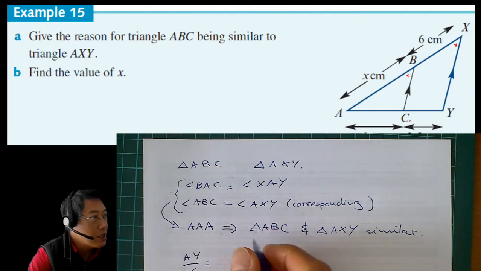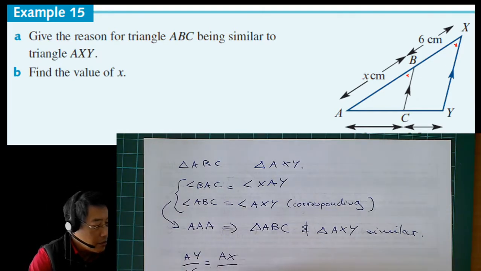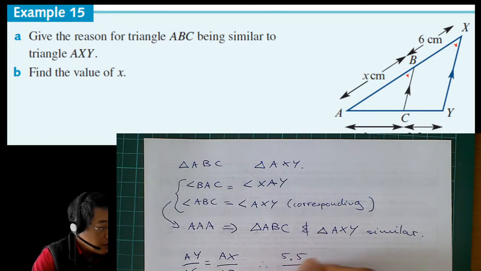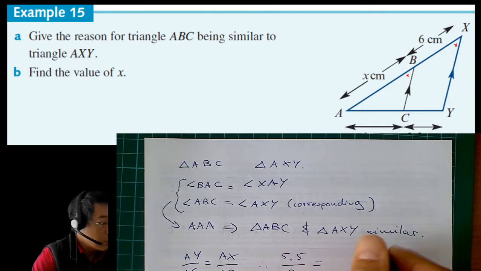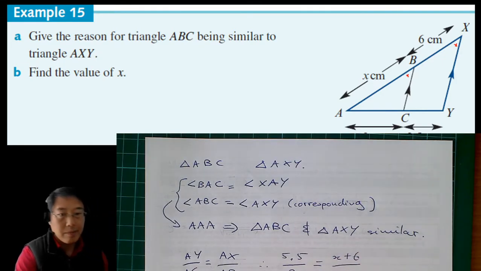It's going to be equal to the longer side, which is AX, on that side here, divided by AB. Okay, so I substitute that: 5.5 divided by 3 is equal to AX, which is x plus 6, divided by x.